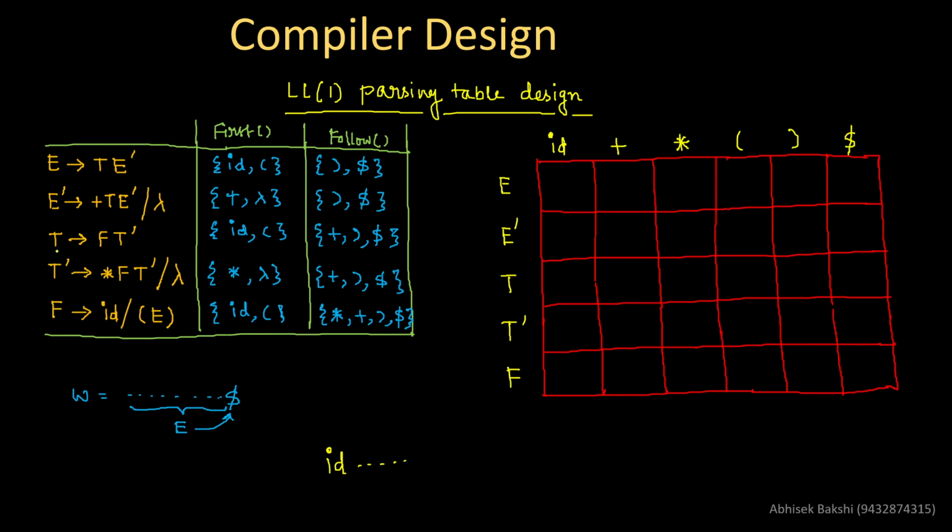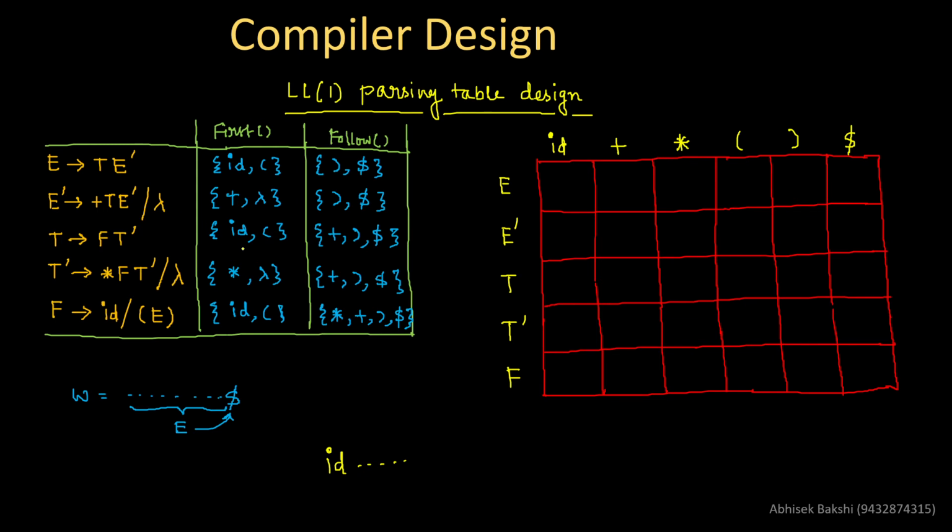By T, because first of T is ID. Obviously you can say that first of F is also ID, but just for timing I'm taking first of T, because this production rule E to TE dash has the first character capital T, and first of T is ID and opening brace. That means wherever you find ID, there is a possibility to use this particular production rule E to TE dash, because this capital T can generate ID as the first character.